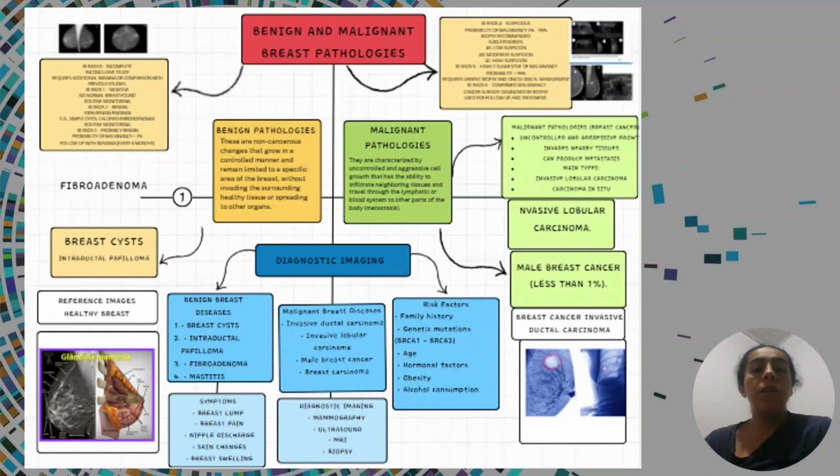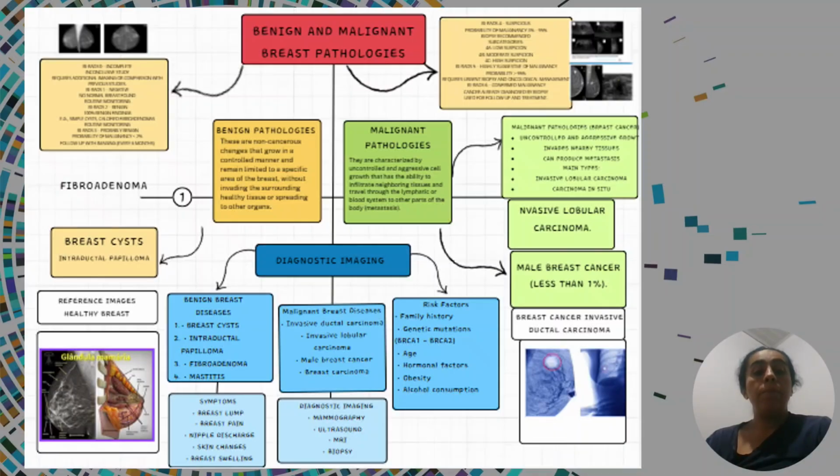Other imaging methods include ultrasound and magnetic resonance imaging, which can provide additional information when necessary.